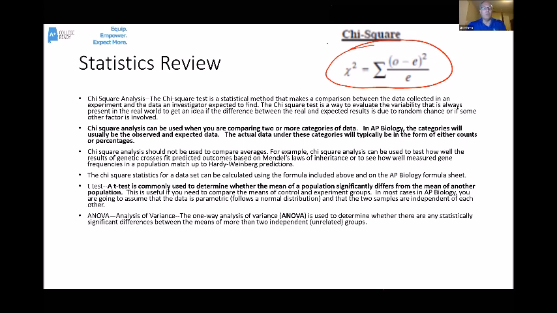Chi-square is not used to compare averages. There's another test that we'll sometimes use to do that, and that's either the t-test or the ANOVA test, which we're not going to deal with today. We're going to deal with chi-square. It's used to compare counts or percentages between the two groups.